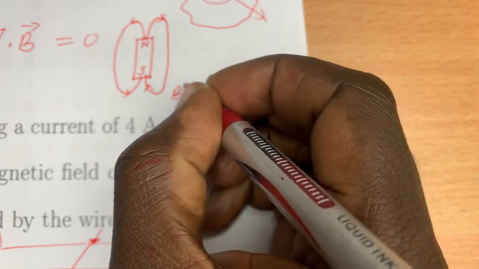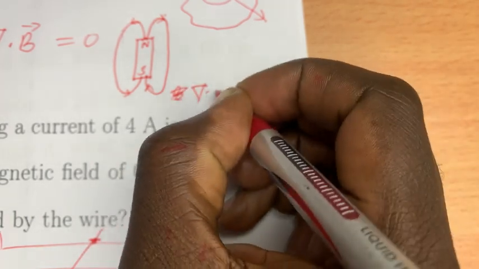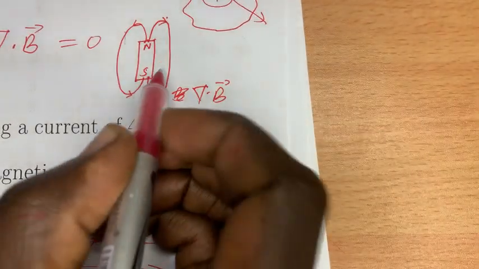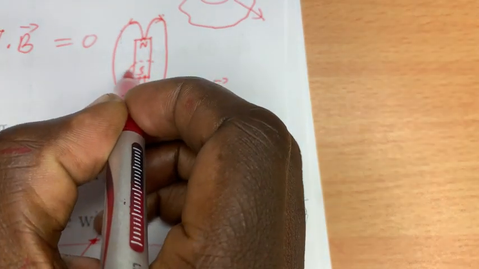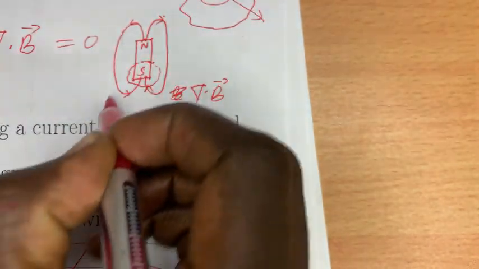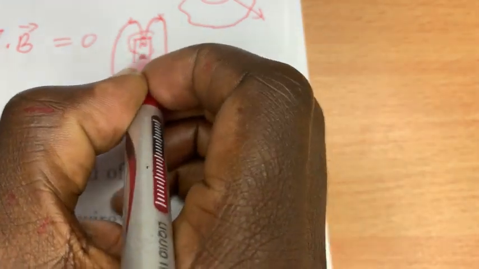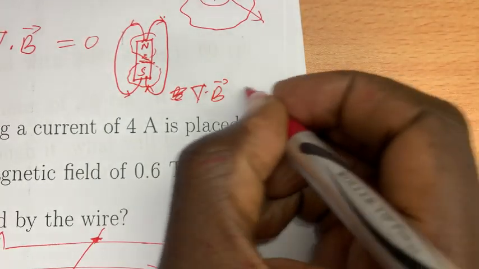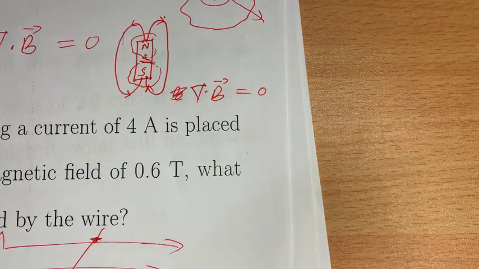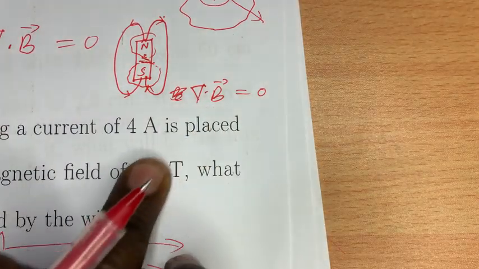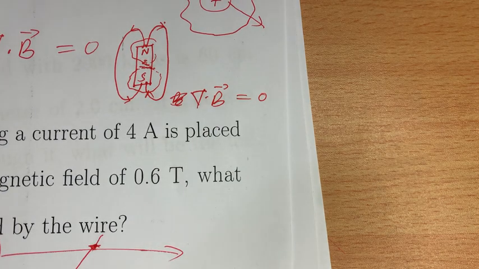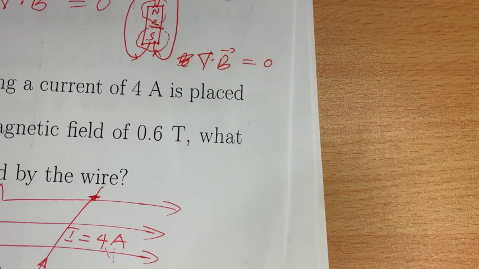So if I say del dot B, I am trying to investigate if I have enclosed magnetic charge here, and it's impossible. I don't have magnetic charge anywhere here, so this has to be 0, and that is Gauss's law for magnetism, which indicates the absence of a monopole.